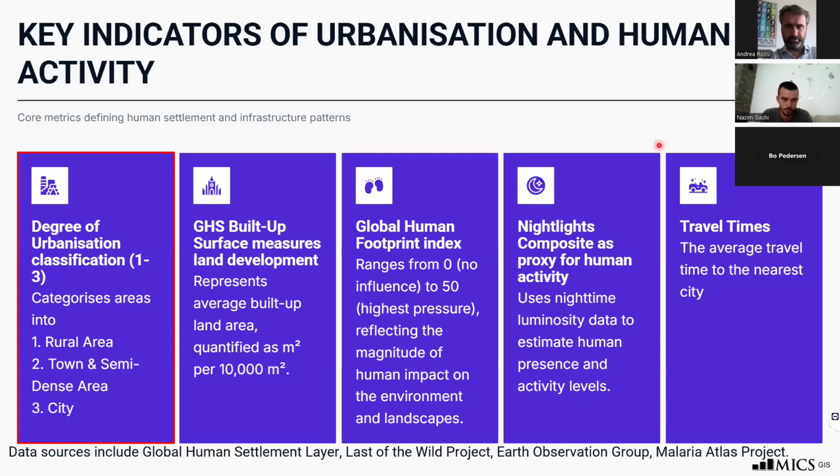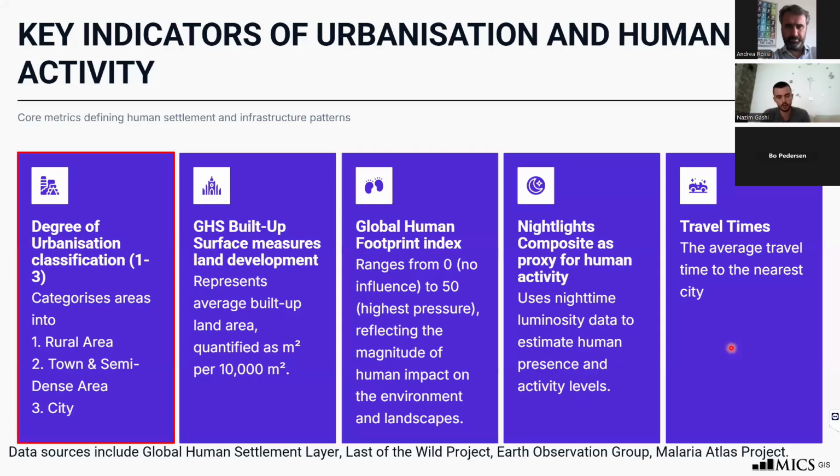The first two indicators are coming from the source of the Global Human Settlement Layer, and then the third one is coming from the Last of the Wild project, and the night lights are coming from the Earth Observation Group, and the travel times are coming from the Malaria Atlas Project.